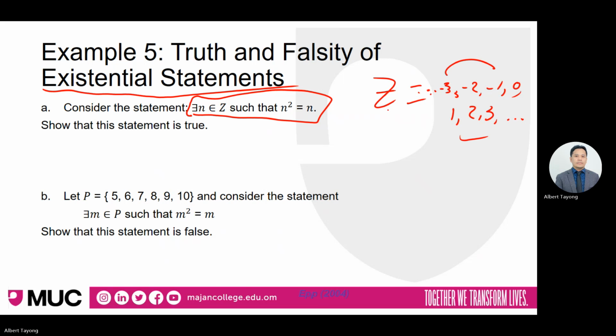So the domain is given. There exists n, which is an integer, such that the square is equal to itself. Show that this is true. So this is our statement. Instead of x, we use n. As I said, we can use any letters there.